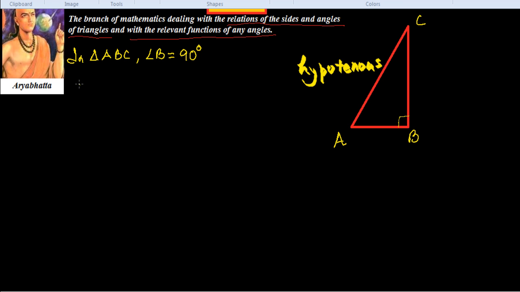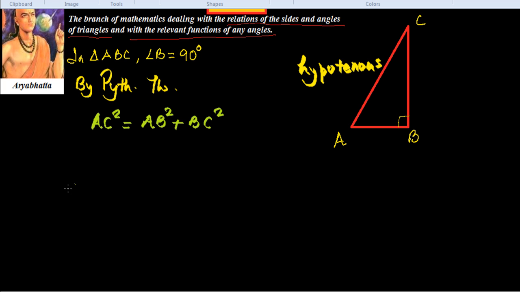And by Pythagoras theorem, we know that the square of the side opposite to the right angle is equal to the sum of the squares of the other two sides in a right angle triangle. So by the definition of the Pythagoras theorem, we see here AC square is equal to AB square plus BC square.